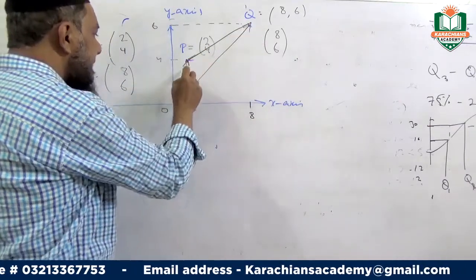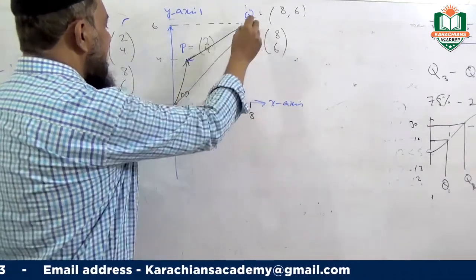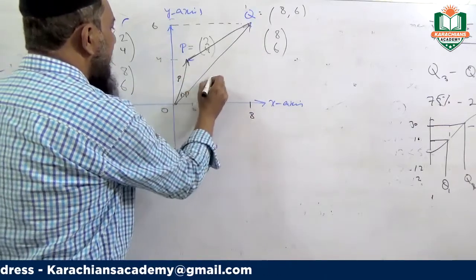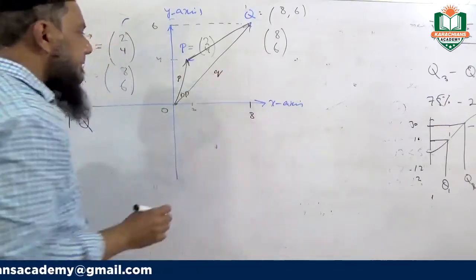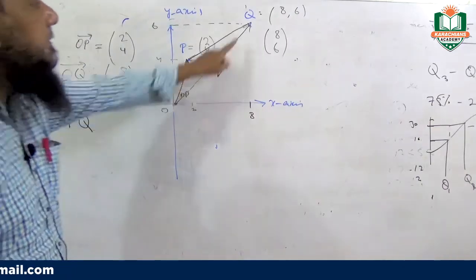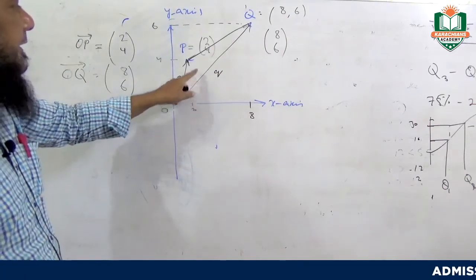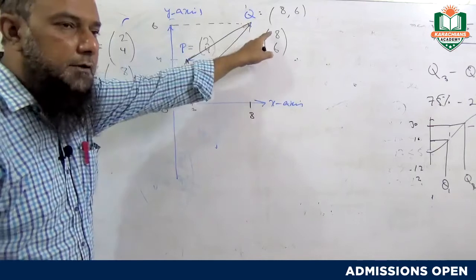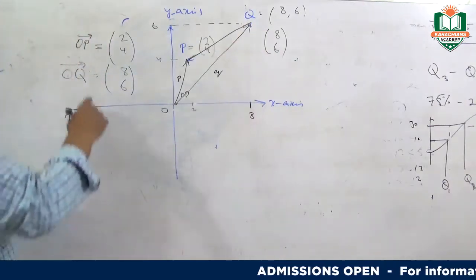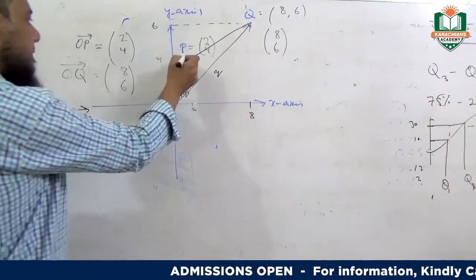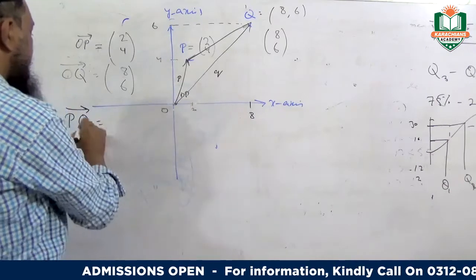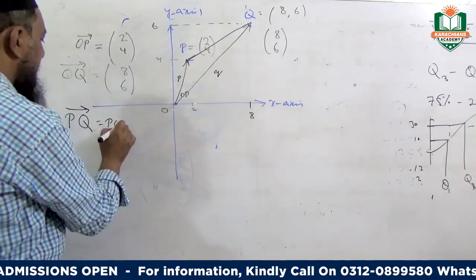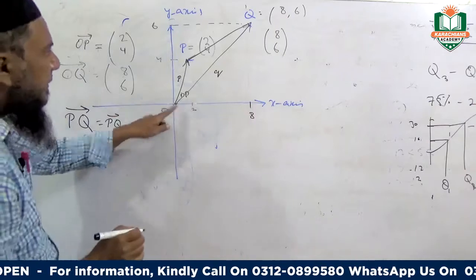We will consider this route and then this route, and then add these two routes to obtain the value of PQ in terms of a column vector. According to this rule, we move P to O. So PQ equals PO vector plus OQ.